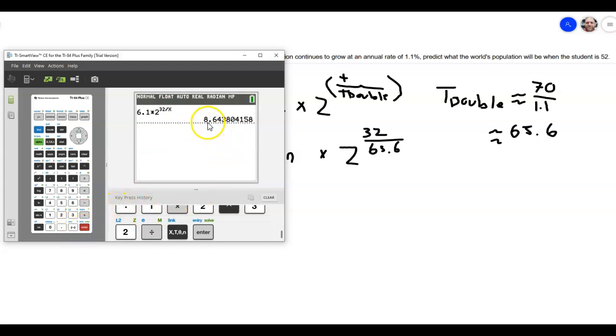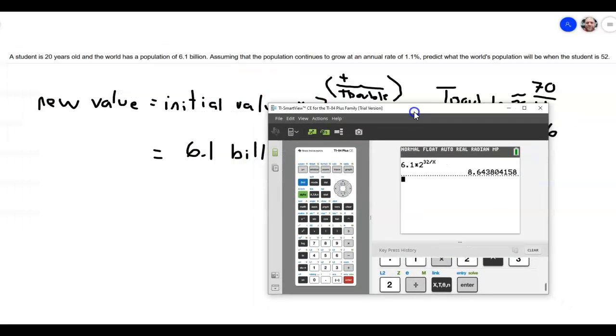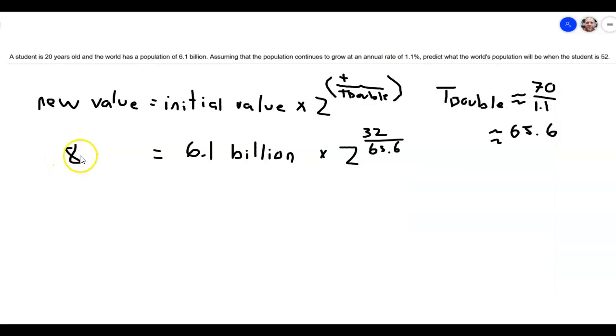I'm going to end up getting 8.64 from 6.1. So my new value, which is the new population, is going to be about 8.64. Let's see how far they want us to round it. They said to the nearest tenth, so we will call that 8.6. And sure enough, that is the correct answer.